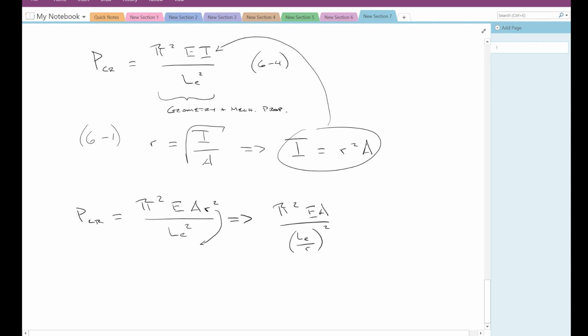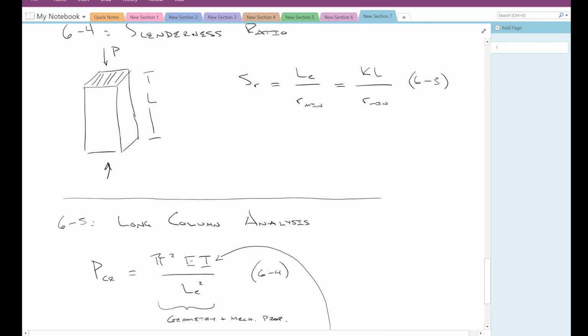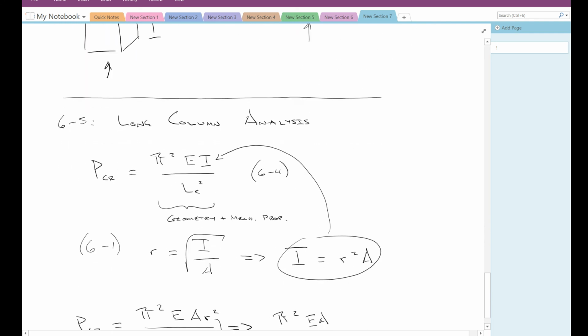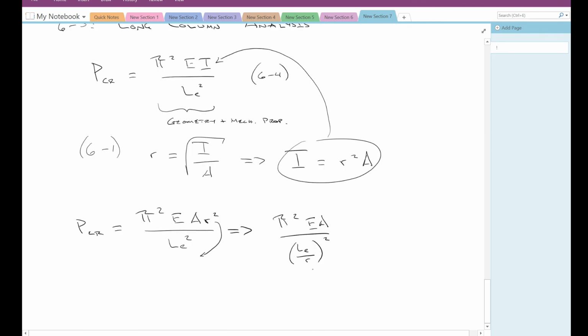Notice that from equation 6-3, our effective length over our minimum radius of gyration is called our slenderness ratio. So we can rewrite this to say that our critical load is equal to pi squared modulus of elasticity times cross-sectional area over our slenderness ratio, SR squared. And that's equation 6-6 in our text here.